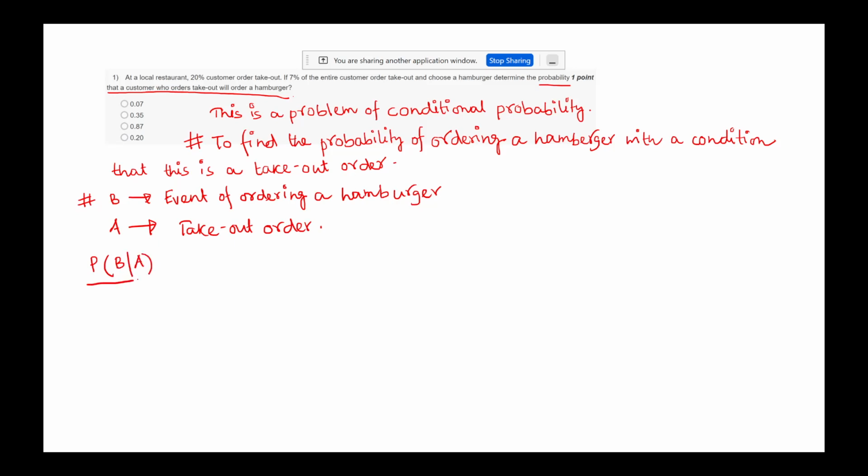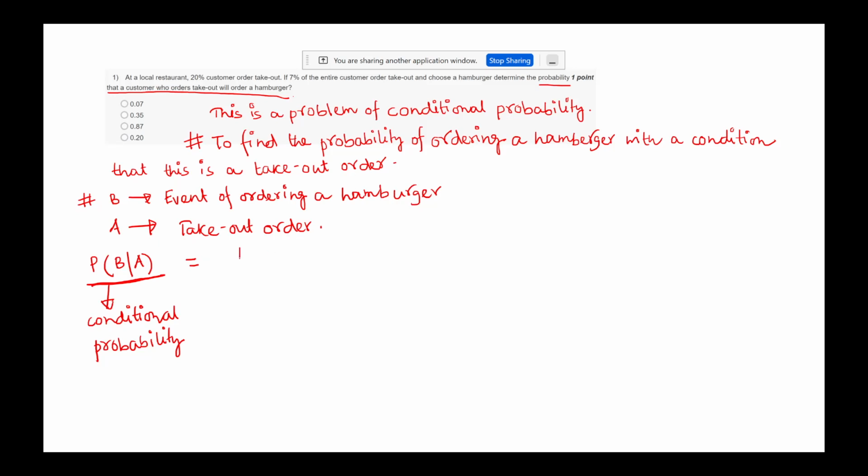So this is called conditional probability. So you have to find that.